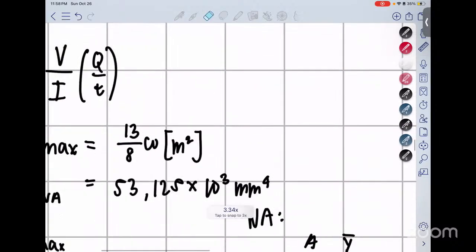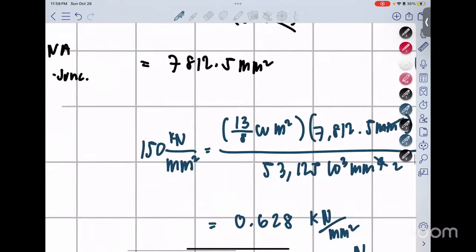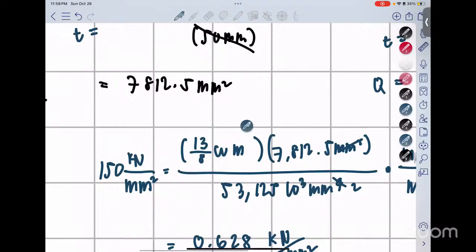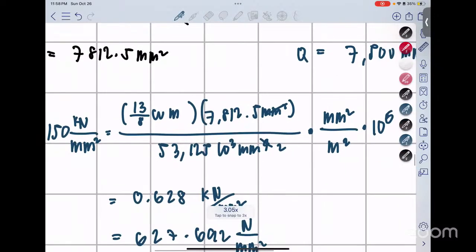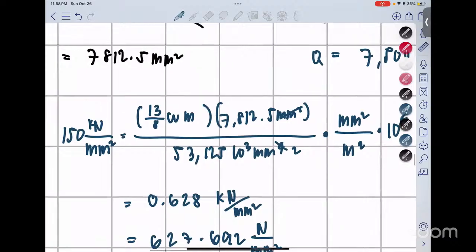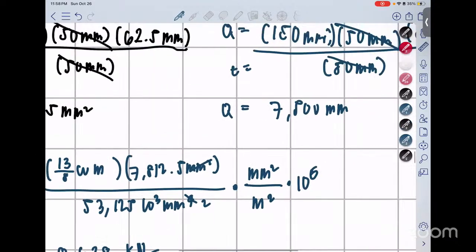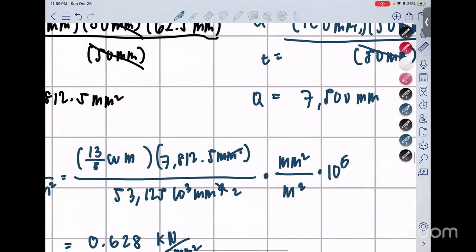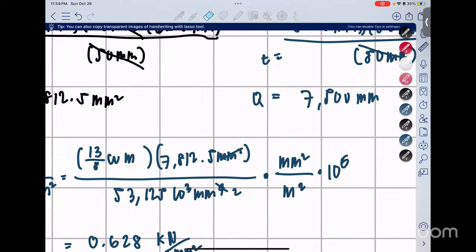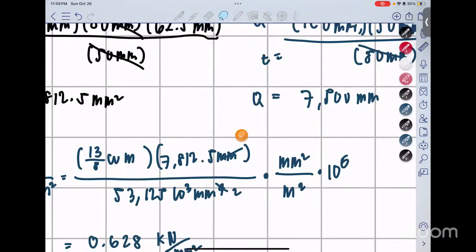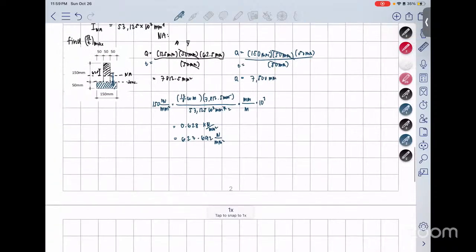Okay, isa lang pala dapat to. Yeah, kasi your Q is only 1 unit. Okay, so correction lang dito.